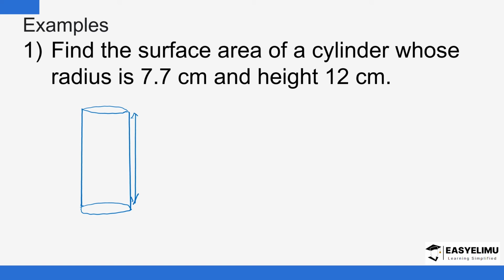So the height is given here as 12 centimeters. And then, of course, we have the radius given as 7.7. So we want to find the total surface area of this.